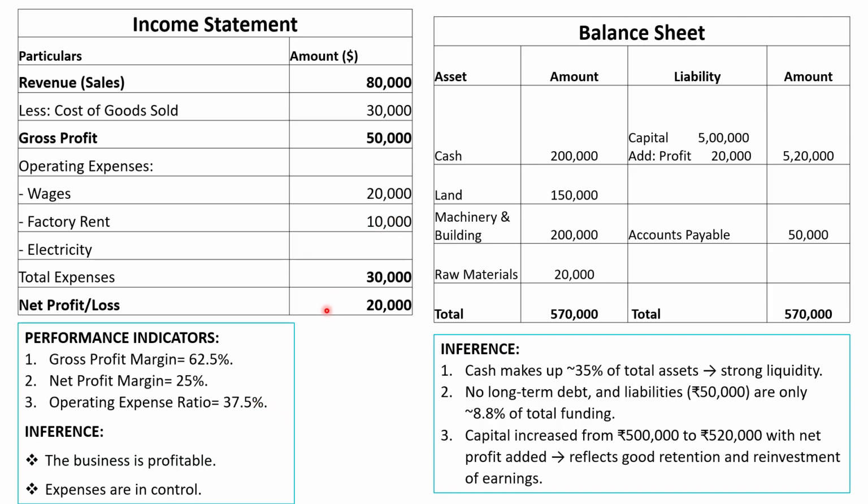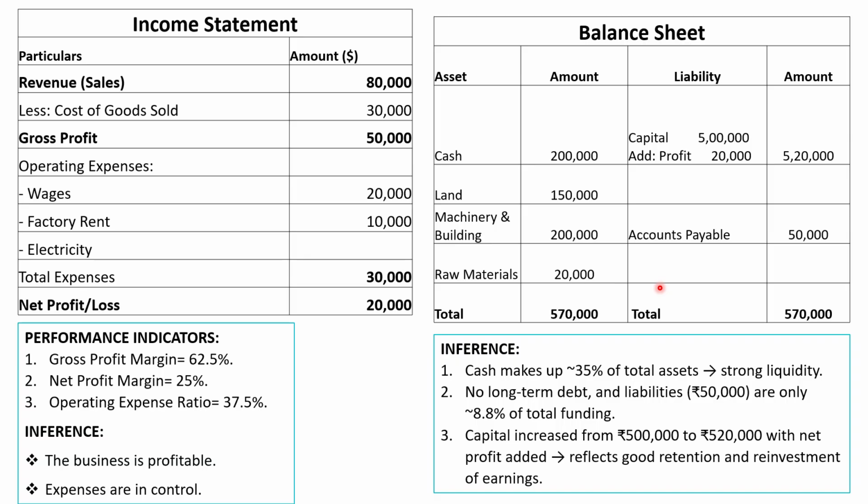But if we look at the expenses, we see the operating expense ratio is 30,000 by 80,000, which is 37.5%. And we can see that the expenses are in control. They're not overshooting. On the balance sheet side, if we look at the assets and the liabilities, maybe one conclusion that we can make is that the cash makes up about 35% of the total assets of Clue, which actually shows very strong liquidity.